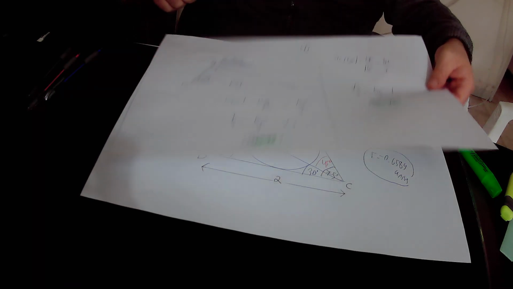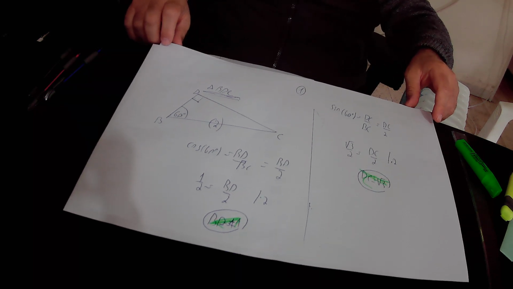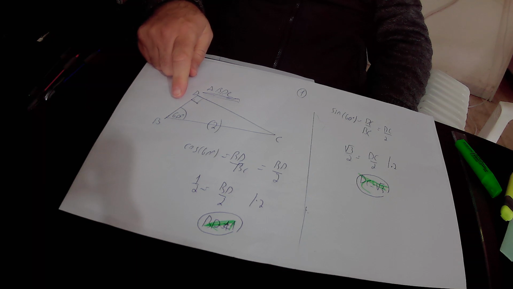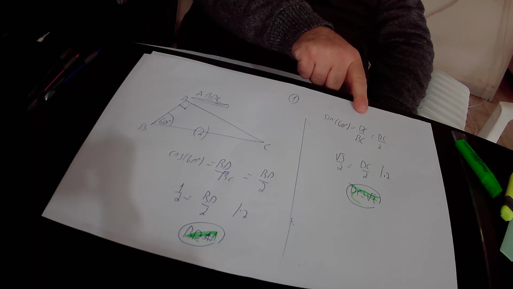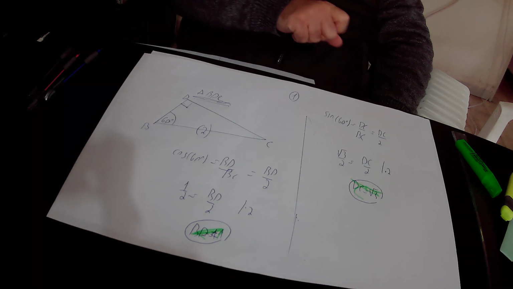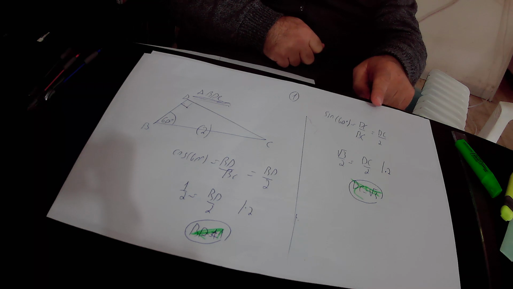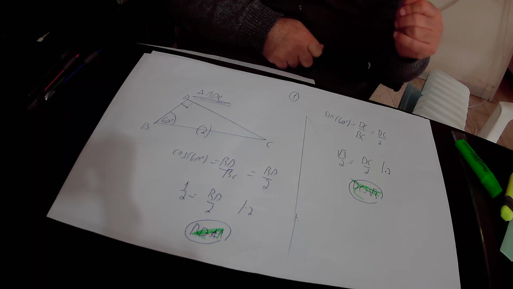We continue to focus on the right triangle BDC. Sine 60 degrees equals DC over BC, and BC is 2. So sine 60 degrees equals DC over 2.